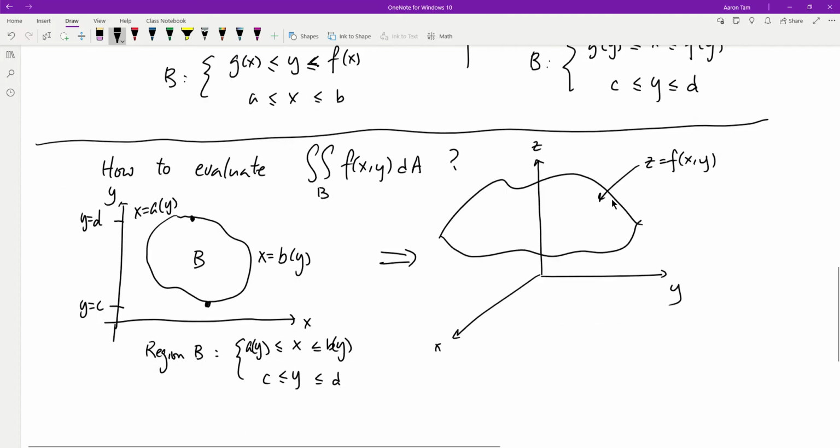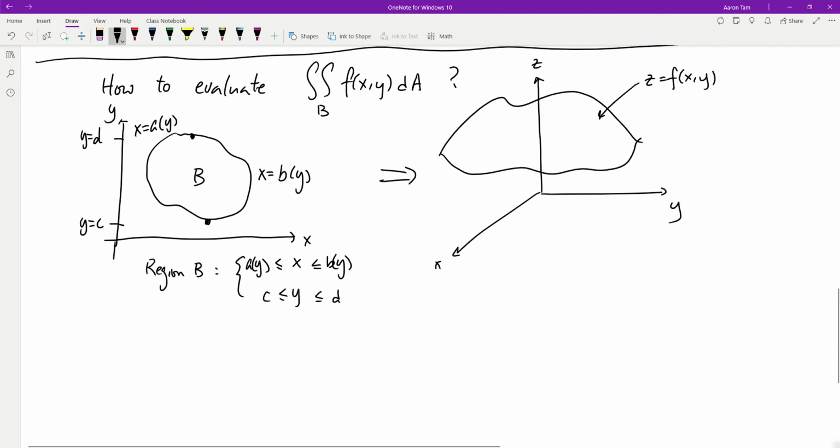And let's say here's my region B. I'm just going to draw something here, and of course it forms some kind of shape on top.